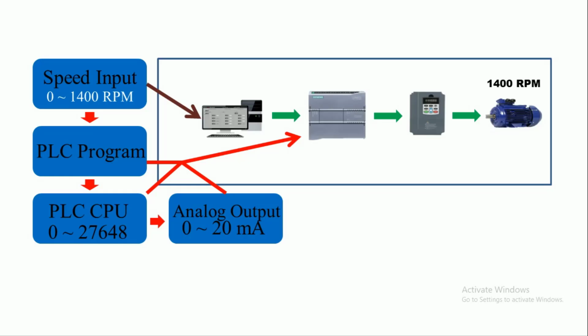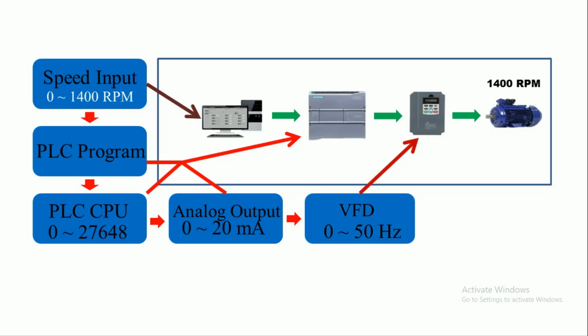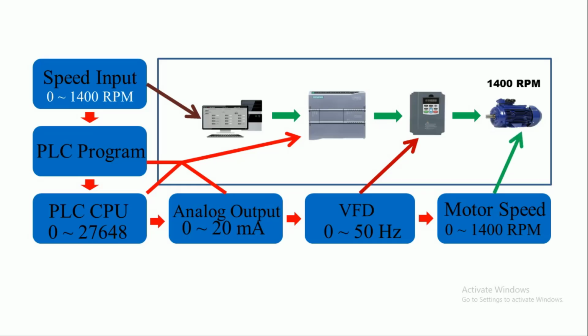Depending on the value of the analog signal from the PLC, the VFD will adjust the frequency of motor AC power in the range from 0 to 50 Hz. Finally, the AC motor will run at adjusted speed in the range from 0 to 1400 RPM.